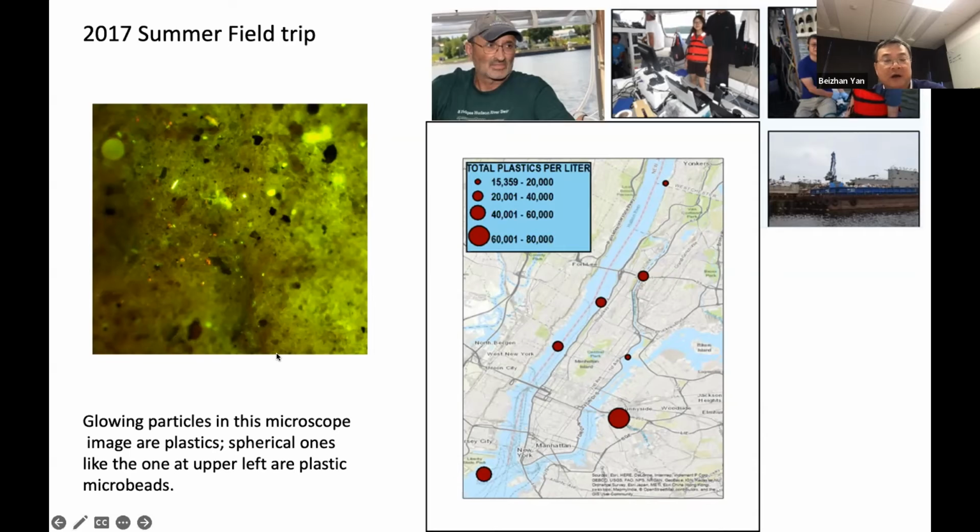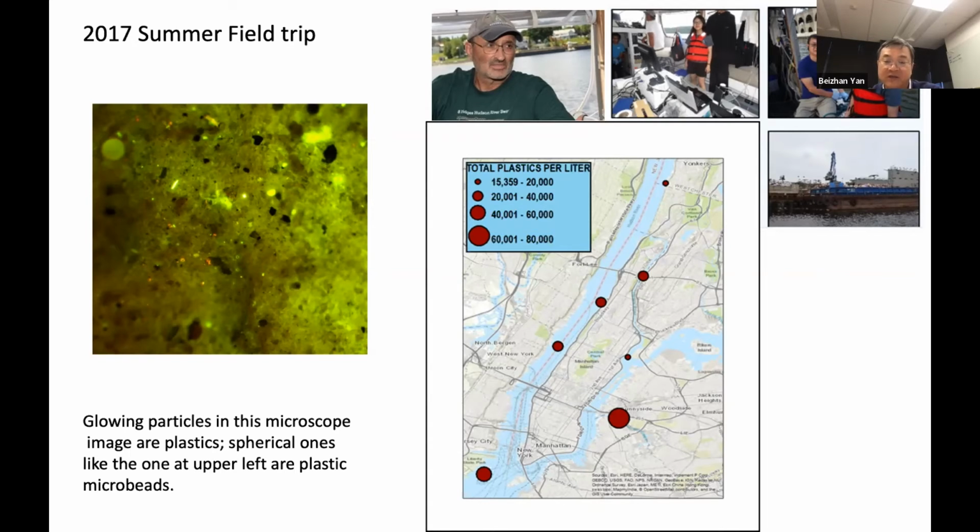We're also doing some desorption and absorption experiments. We deployed these in situ experiments at several sites in New York City waterways, including Pier 25 and Newtown Creek. I didn't show the results here, but we did see pharmaceuticals attached to the surface of the plastic pellets, and clearly there are two major sources.